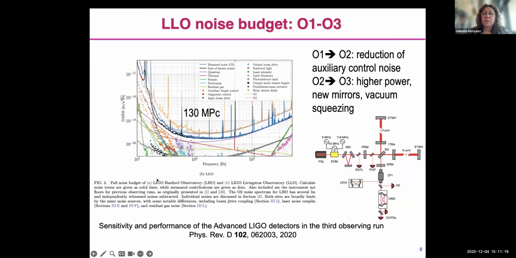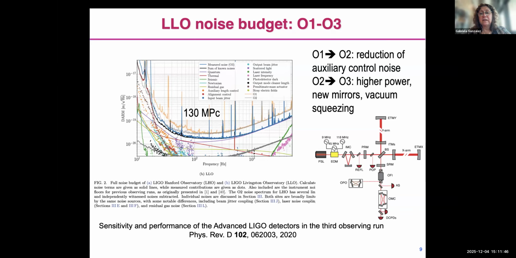by the control loops. From O2 to O3, so that's from gray to blue, there was a huge improvement in the high frequency band. And that was due to the use of higher power, more photons, less noise, but also vacuum squeezing. In O3, that was not in the baseline of Advanced LIGO, but it was a technology that was ready to be installed.